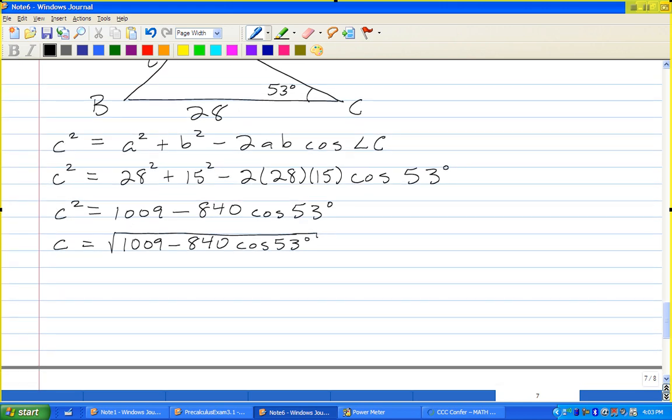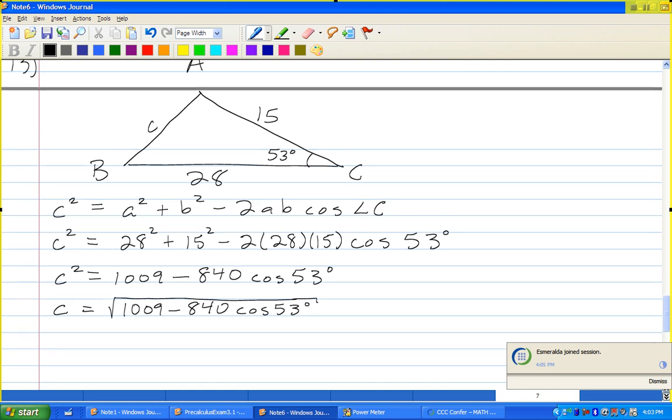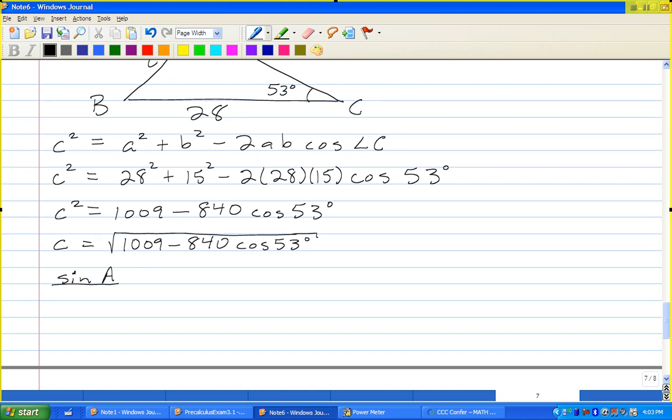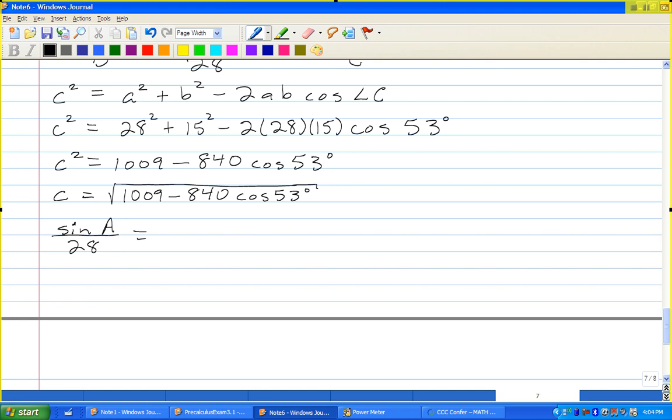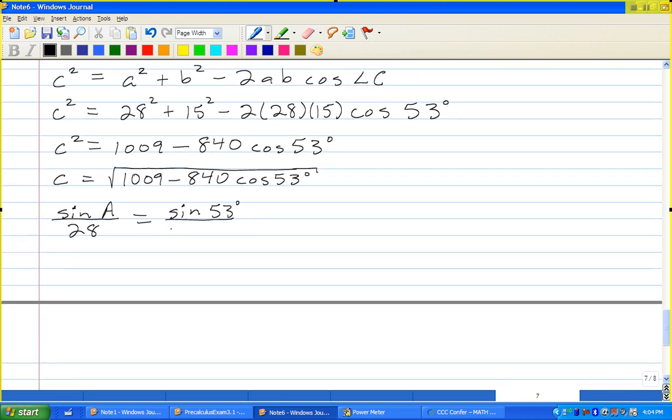So I have the sine of A over the length of A, 28, is equal to the sine of C over the length of C, which is the square root of 1009 minus 840 cosine of 53 degrees.